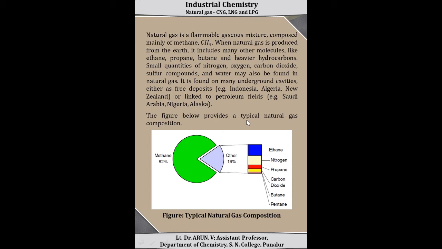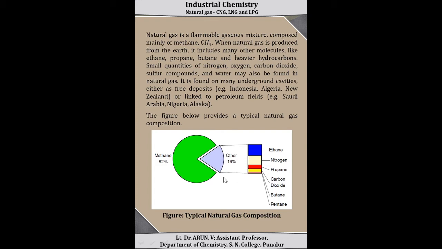It is found in many underground cavities either as a free deposit or linked to the petroleum field. One can see natural gas as a free deposit in Indonesia, Algeria and New Zealand, and it is also associated with petroleum products in Saudi Arabia, Nigeria and Alaska.